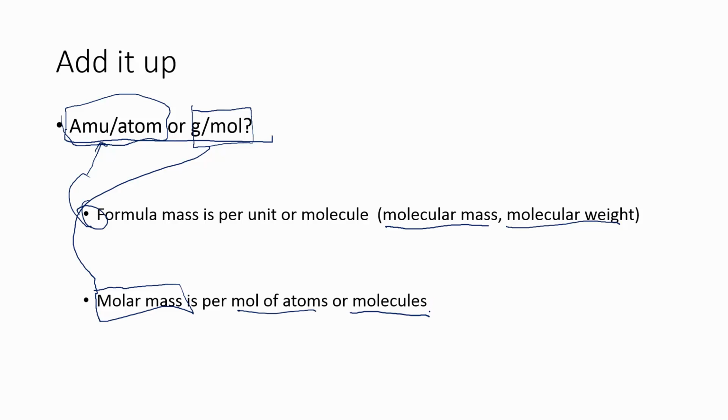A lot of times you'll hear people mistakenly, and probably I'll do it too at some point, refer to these as each other, as a grams per mole weight as a molecular mass or vice versa. But here it is very clearly delineated which is which. Okay, so AMUs per atom, we're looking at molecular mass or molecular weight or formula mass. Grams per mole, we're looking at molar mass.